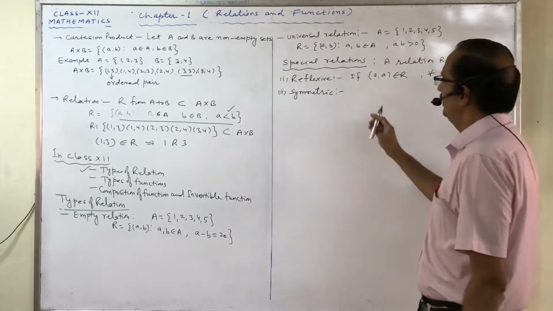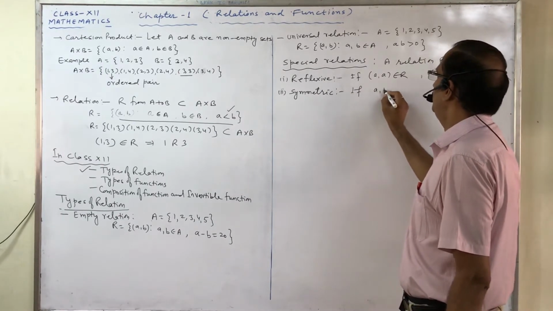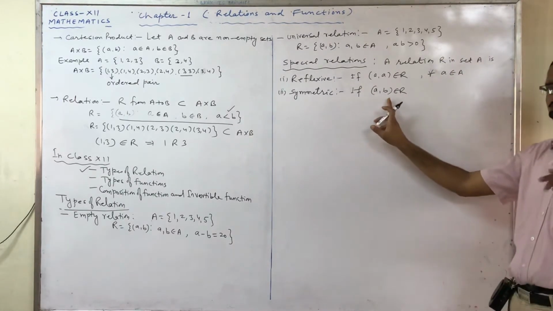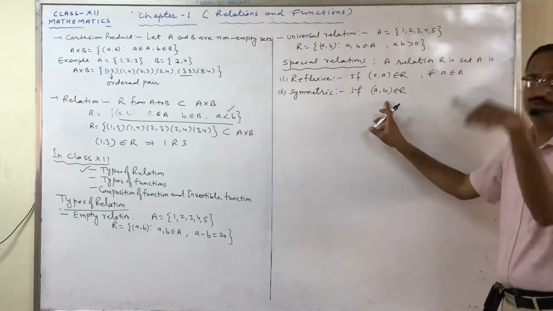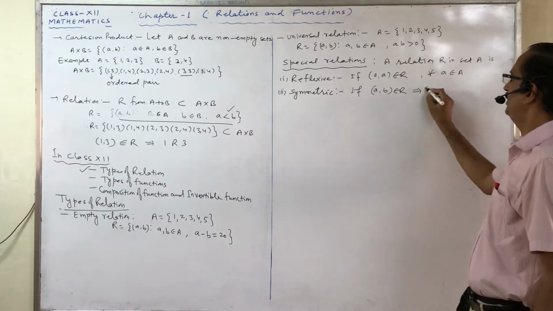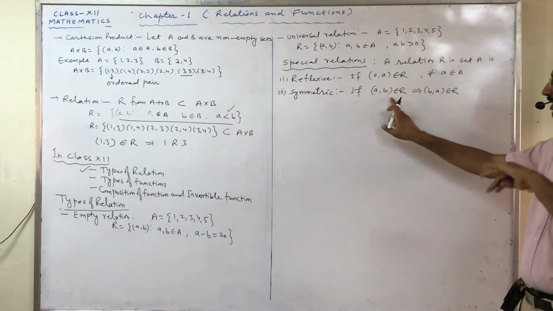Okay children, if (a, b) belongs to R, means a is related to b, then from the other side we can say that b is related to a. So this implies that (b, a) belongs to R. So it means a is related to b.